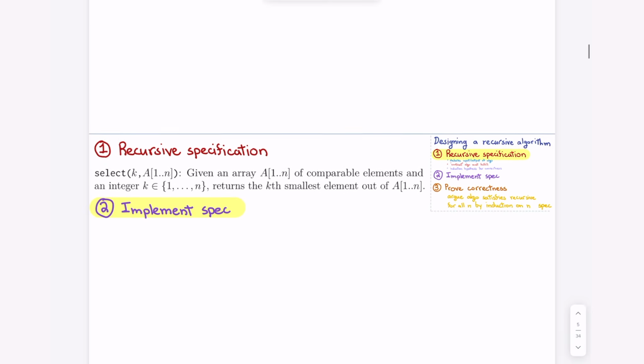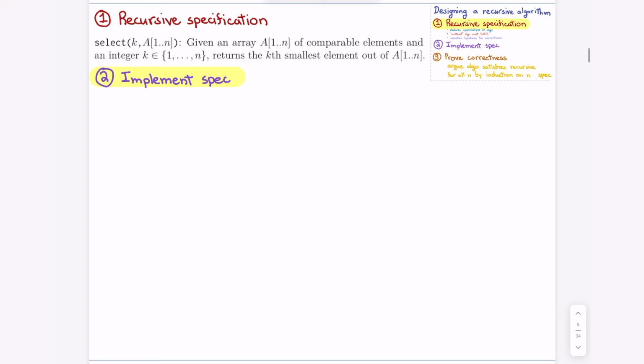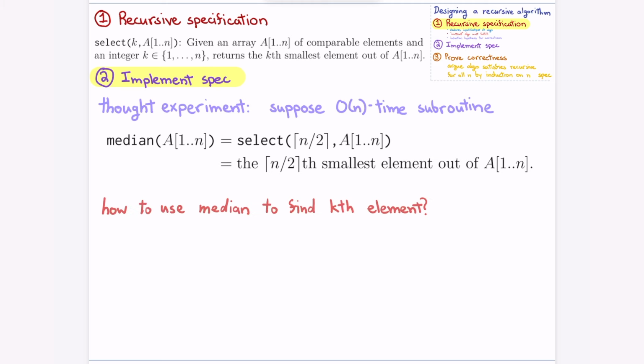Okay, so now we know what we want to implement. Now we're going to try to implement it. But actually, the algorithm we're going to work towards is going to be a bit non-trivial, so let me try preparing this in a sort of incremental way. In general, we're going to try to get the kth element for an arbitrary input k.